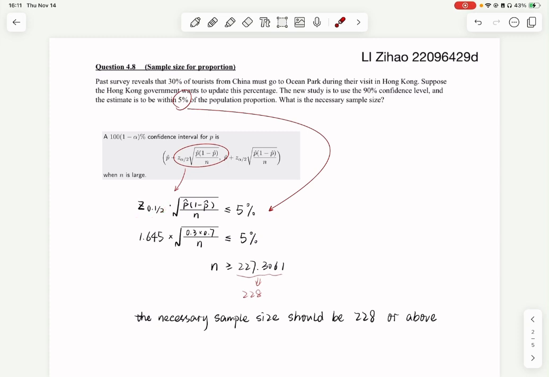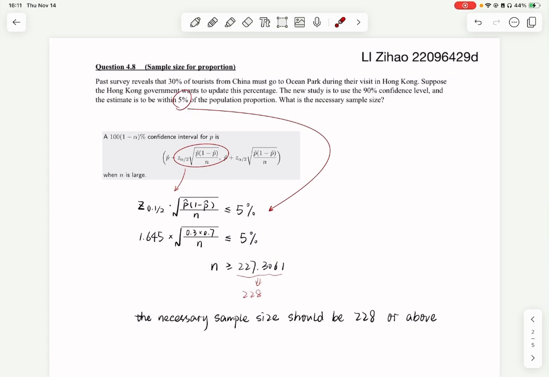And after that, from the formula for the confidence interval of proportion, we can find that the z-value times the square root of p times 1 minus p divided by n is less than or equal to 5%. And by substituting the values into the formula, we can find that n is greater than or equal to 227.3061.